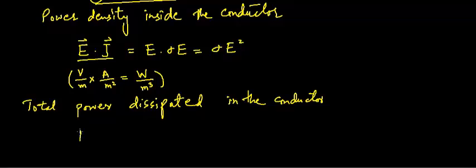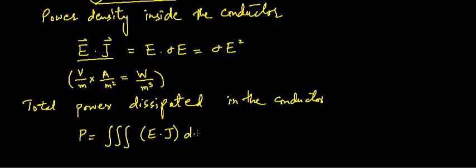So the total power dissipated is P, which is the volume integration of E dot J and differential volume, right?